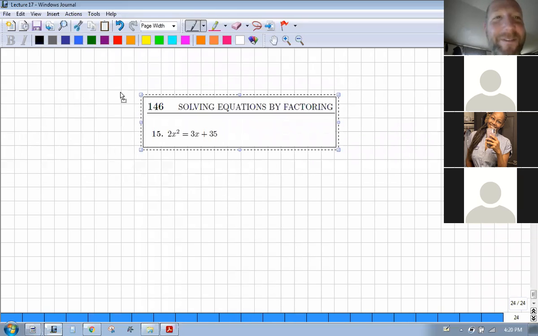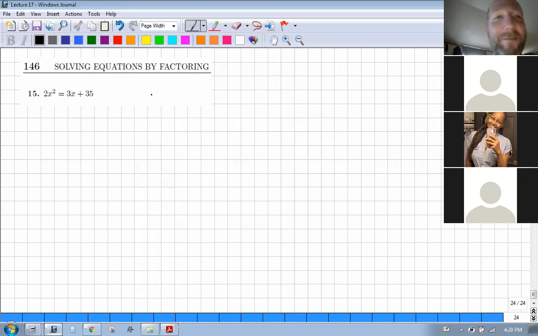Let's move on. We're on page 146, solving more equations. Let's put this guy in standard form. I can't factor any numbers out of here, so we're gonna have to factor it as is. We get a negative 70 here.